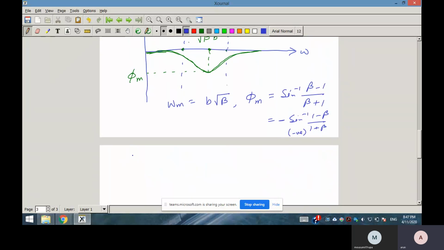So the algebraic method to design lag controllers.